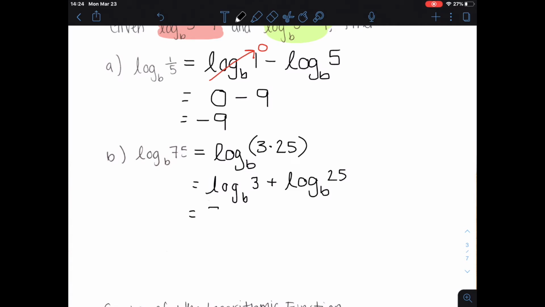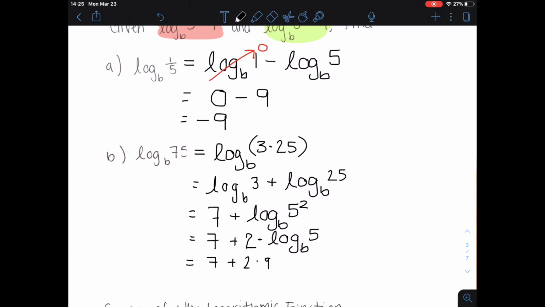That's going to equal 7. And 25 we can even rewrite dealing with 5s. So that's 5 squared. So one of our properties is the power comes out. So it's 2 times log base b of 5. And log base b of 5 is 9. So this becomes 7 plus 2 times 9. So that's 18 plus 7. This ends up equaling 25.